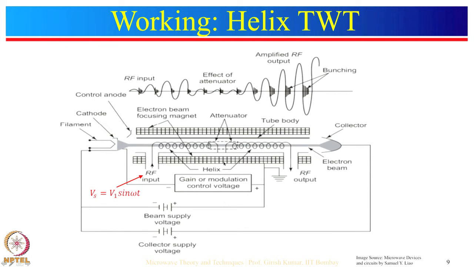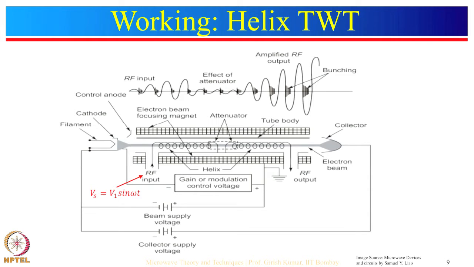Now, let us see how electrons move in helix travelling wave tubes. Electrons are injected from cathode, and they will travel with uniform velocity before entering into the helix structure, and after entering into the helix structure their velocity is modulated. And how that velocity is modulated, let us see.